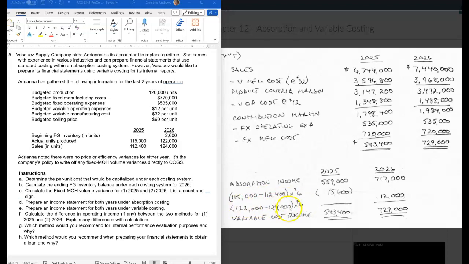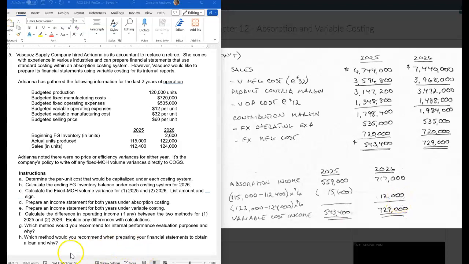So when inventory is decreasing, variable cost income is going to be higher than absorption income. So make sure that you understand this. So 717 was absorption income. I've got 2,000 units at $6 apiece coming out of inventory, so variable cost income would have been 729,000.